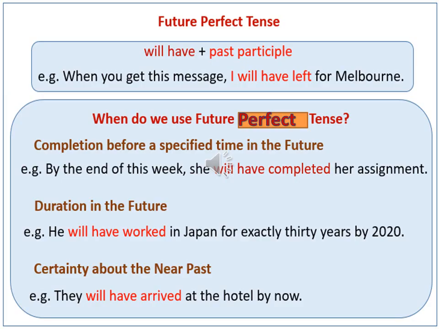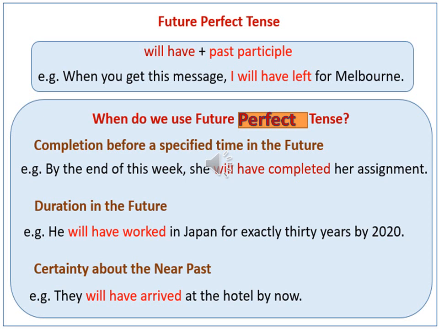Now let us move on to the usage of future perfect tense in detail. Future perfect tense is used to express the completion of an action before a specified time in the future. For example, by the end of this week, she will have completed her assignment.